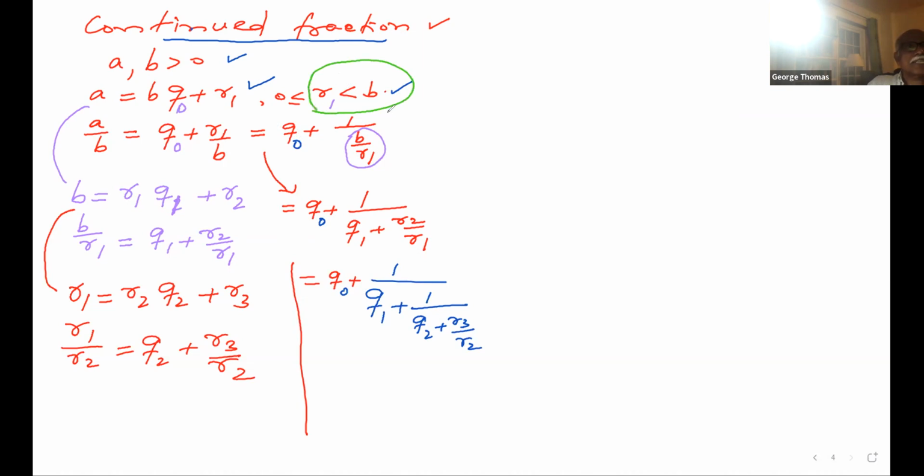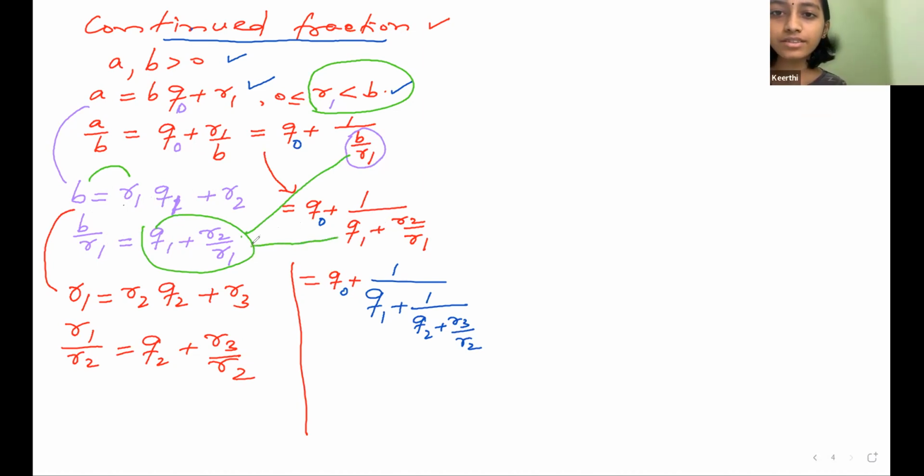And then you see this here. We can apply the division theorem to this. Then we divide B by R1, we get this. We take that B over R1 and substitute it here. And that's how you get this.